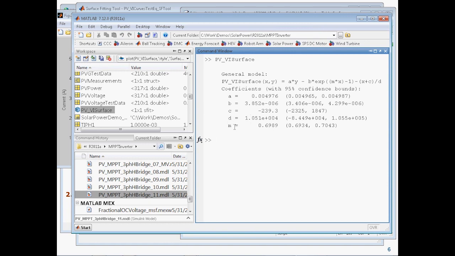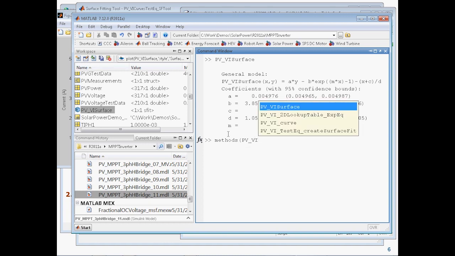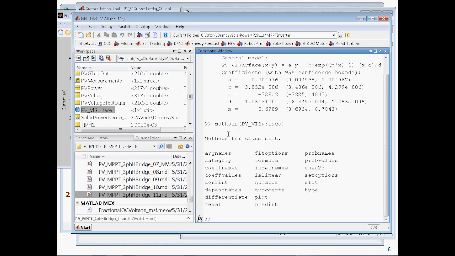So that is actually representative of the model. I can evaluate it at any point. It is an object, so it has multiple methods associated to it. PV underscore VI, I'm going to try to do completion. So you can do prediction, you can do plotting, you can find coefficients, you can integrate, you can differentiate, you can find confidence intervals, etc.